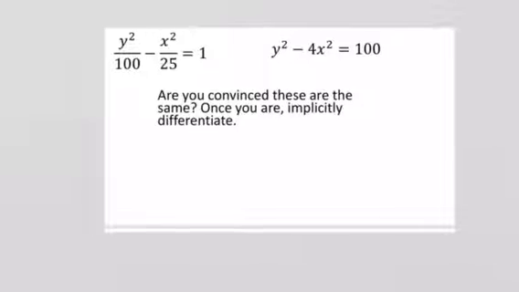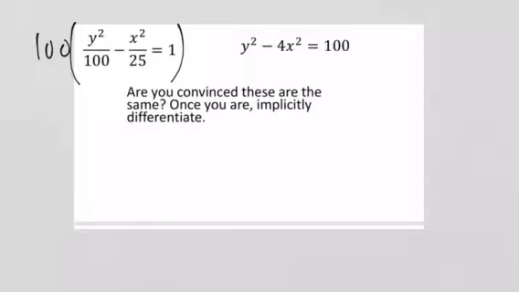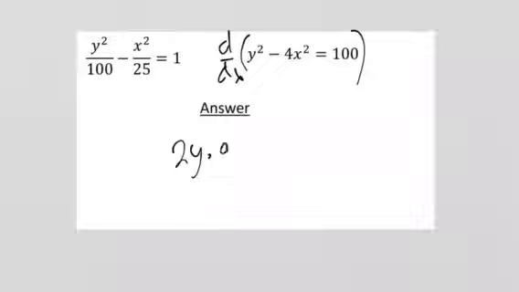So similar to before, if we just multiply through by 100, that's going to produce y squared minus 4x squared equals 100. So now we're going to implicitly differentiate this. You can pause this and try to do it by yourself. Okay, and here's the answer. So if we take d dx of this whole thing, what's the derivative of y squared? It's 2y times the derivative of y with respect to x, minus, what's the derivative of 4x squared?